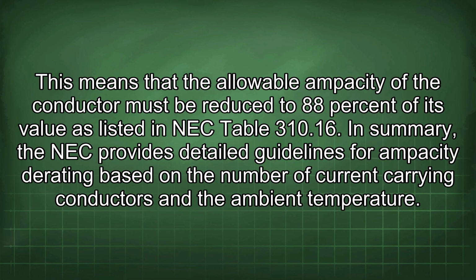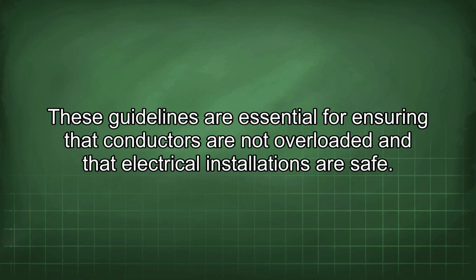This means that the allowable ampacity of the conductor must be reduced to 88% of its value as listed in NEC Table 310.16. In summary, the NEC provides detailed guidelines for ampacity derating based on the number of current-carrying conductors and the ambient temperature. These guidelines are essential for ensuring that conductors are not overloaded and that electrical installations are safe.